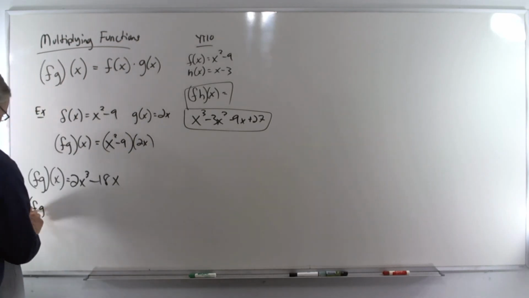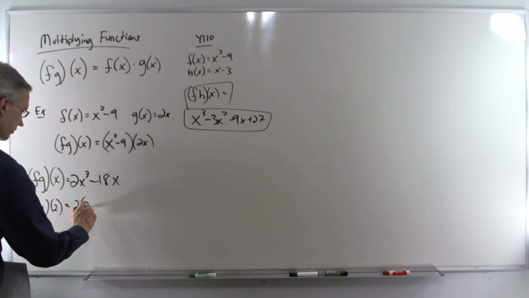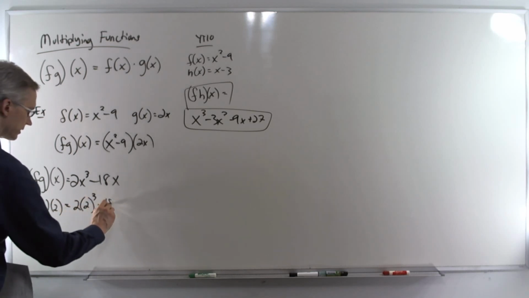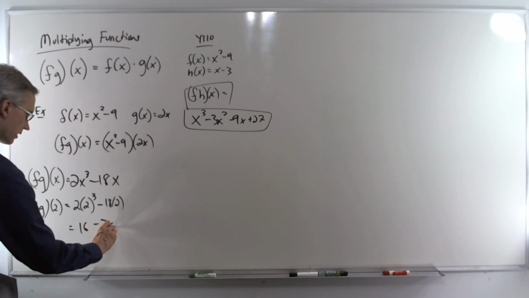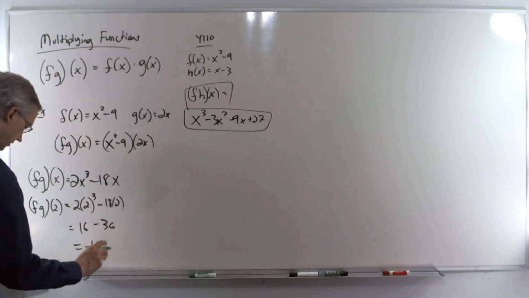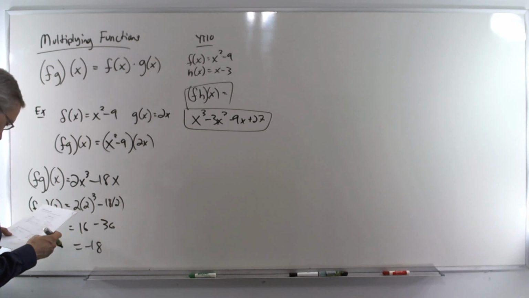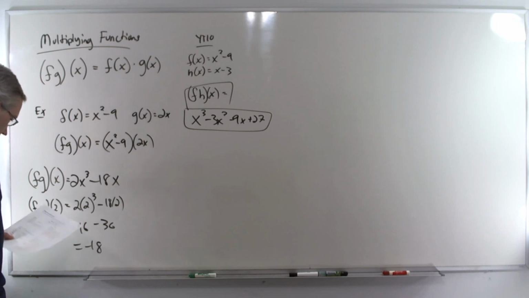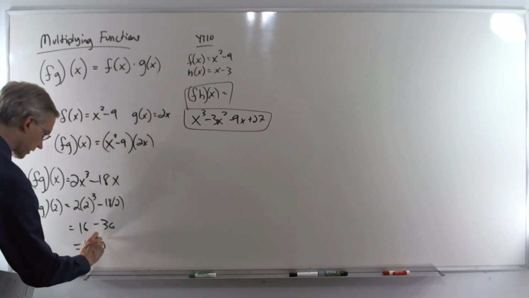So f times g, evaluated at 2, is going to be 2 times 2 to the third minus 18 times 2, which is 2 to the third is 8 times 2 is 16 minus 36, so we get negative 18. Oh, negative 20. Yeah, I can add.